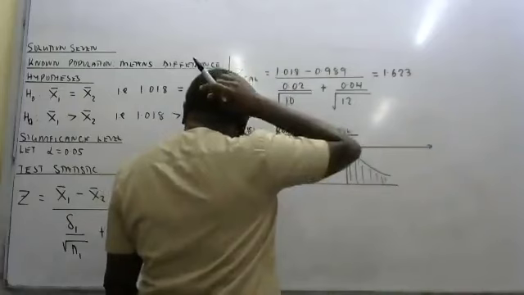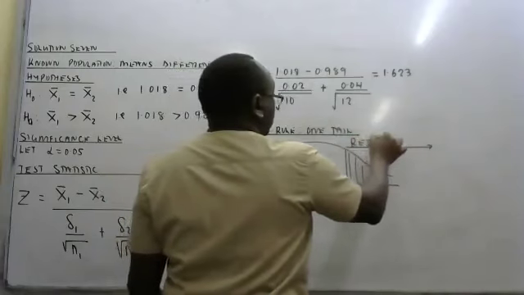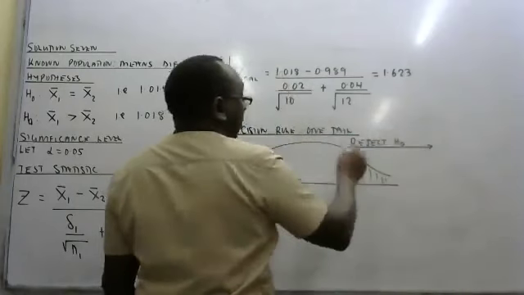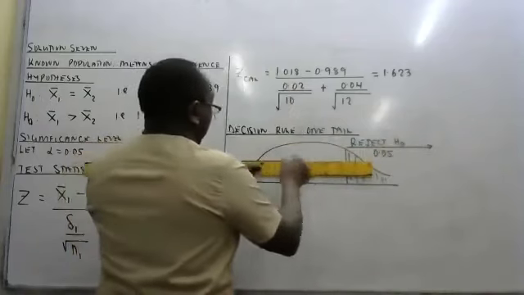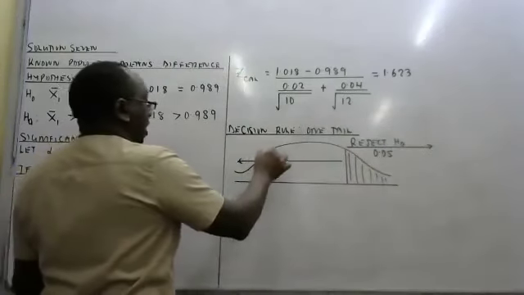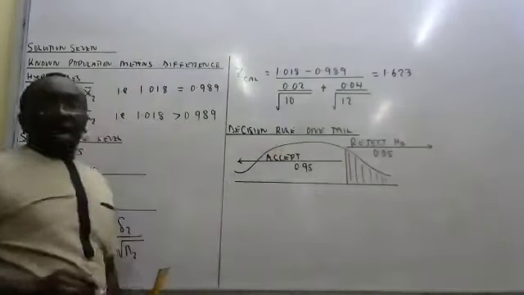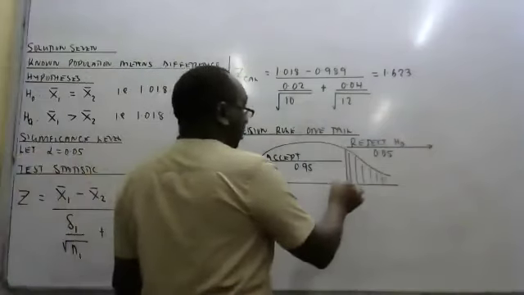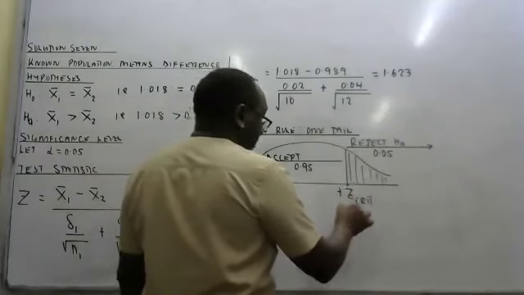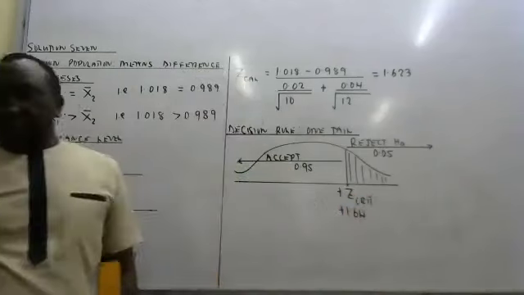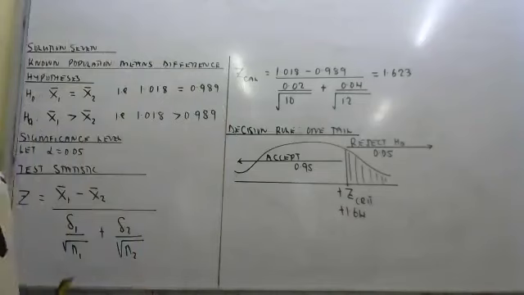So this is where you reject null, which is 0.05. Then here you accept null, which is 0.95. And because this is Z, it still remains what we had said earlier, positive Z critical as positive 1.64.